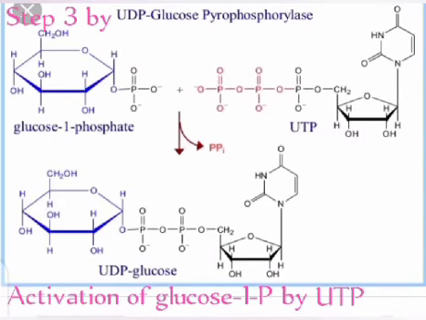Step 3. Glucose 1-phosphate is activated by uridine triphosphate, UTP, and converted to uridine diphosphate glucose, UDP glucose, and a pyrophosphate. This conversion is catalyzed by glucose 1-phosphate uridylyltransferase, or UDP glucose pyrophosphorylase.